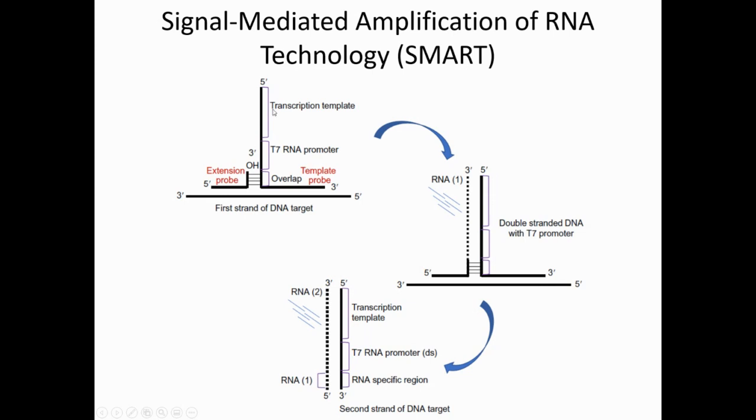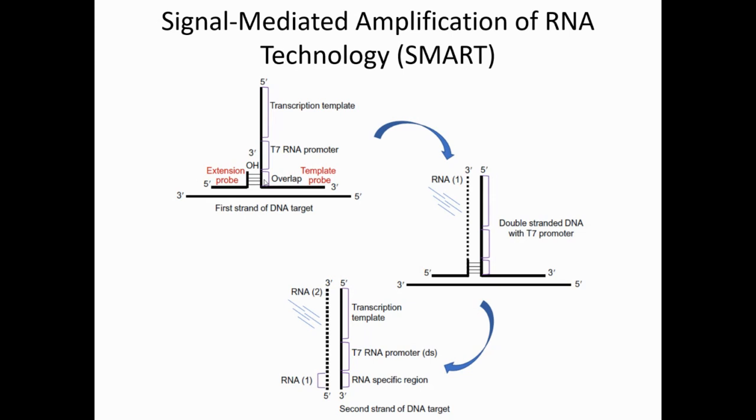And then you need two single-stranded oligonucleotide probes. Each probe has a region that hybridizes to the target, and also a shorter region that hybridizes to the other probe, complementary to each other.